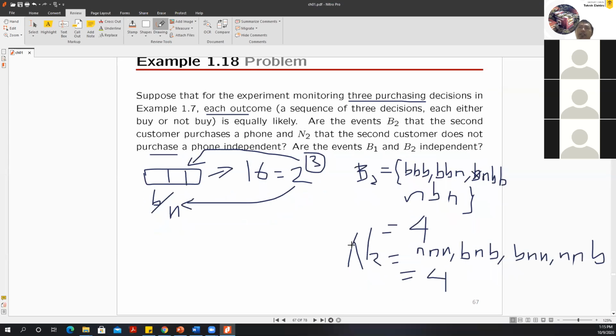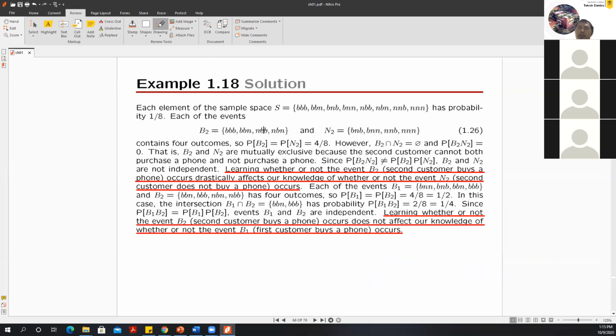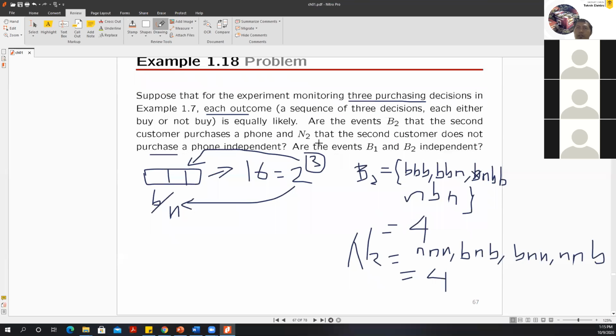Okay, let's check this one and this one, and the sample space. I think I made a mistake here. It's not 16 but 8, right? Sorry.